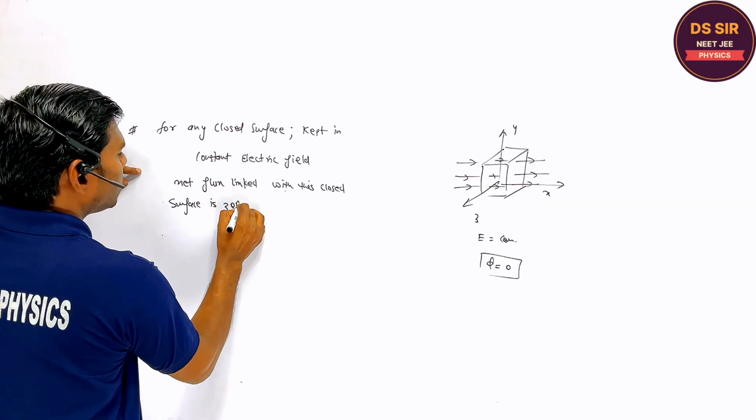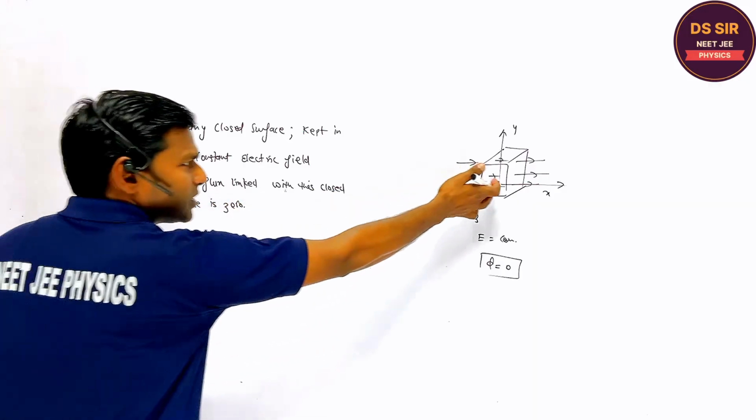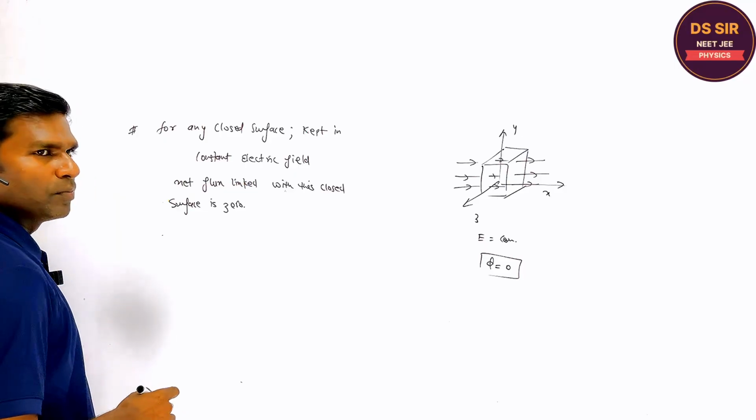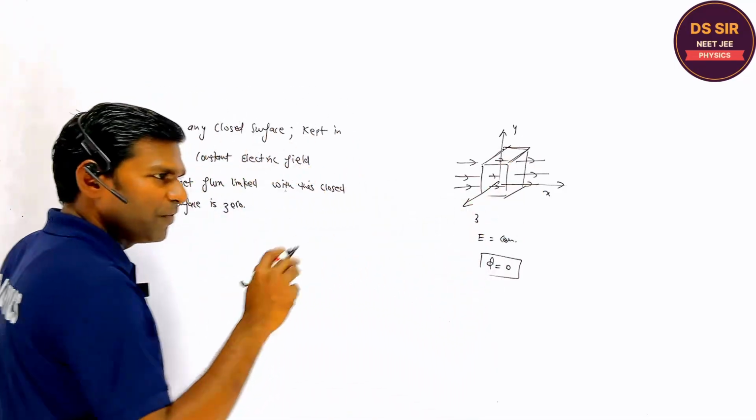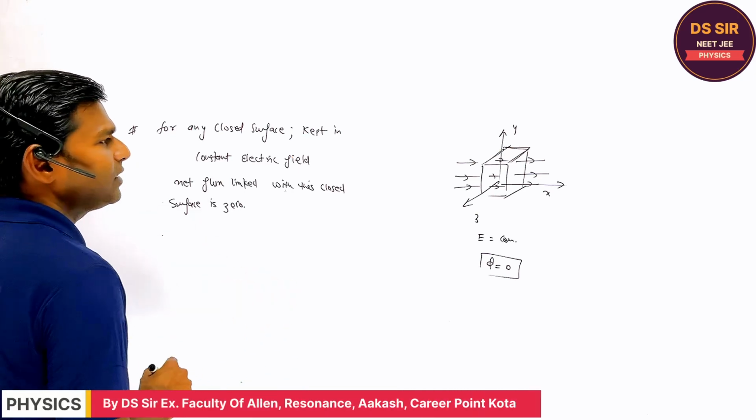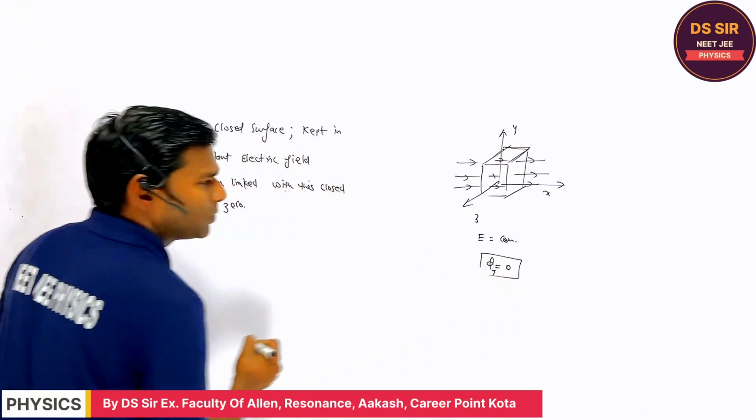Is it clear or not? For example, if this is the cube, we have found mathematically the flux linked with each face, and then calculated the total flux, which comes out to be 0.